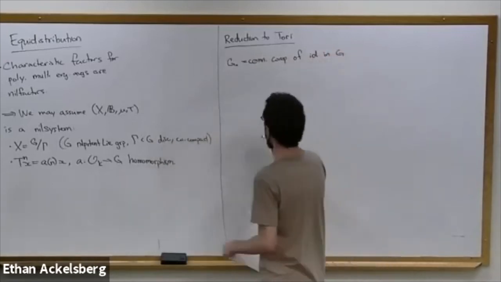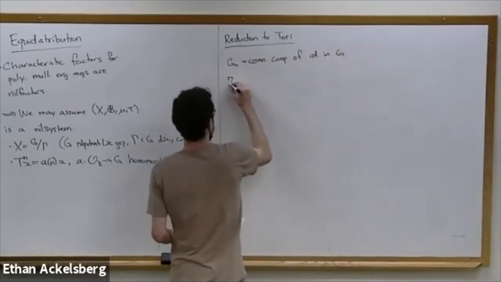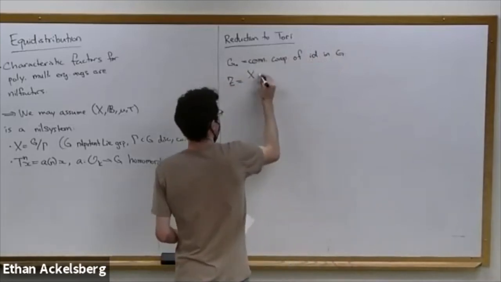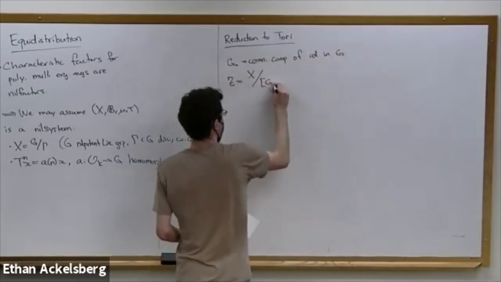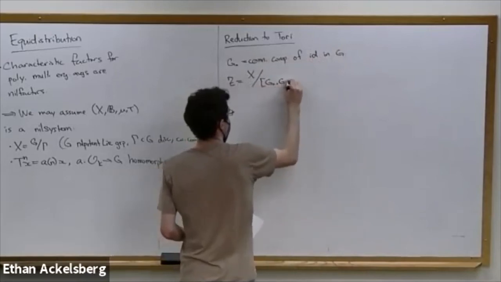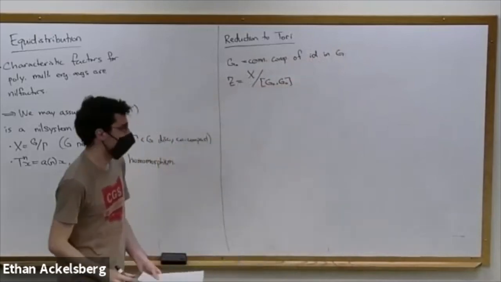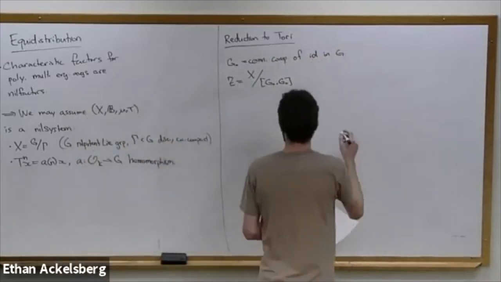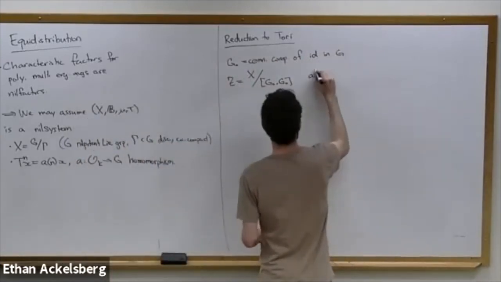And then we can look at the space Z, which is X modded out by the commutator subgroup here. So this is the abelianization.